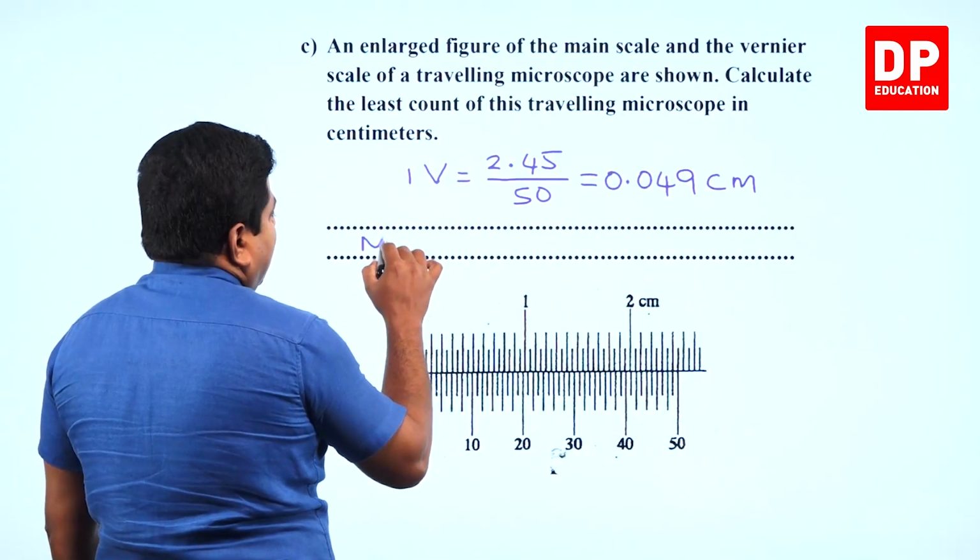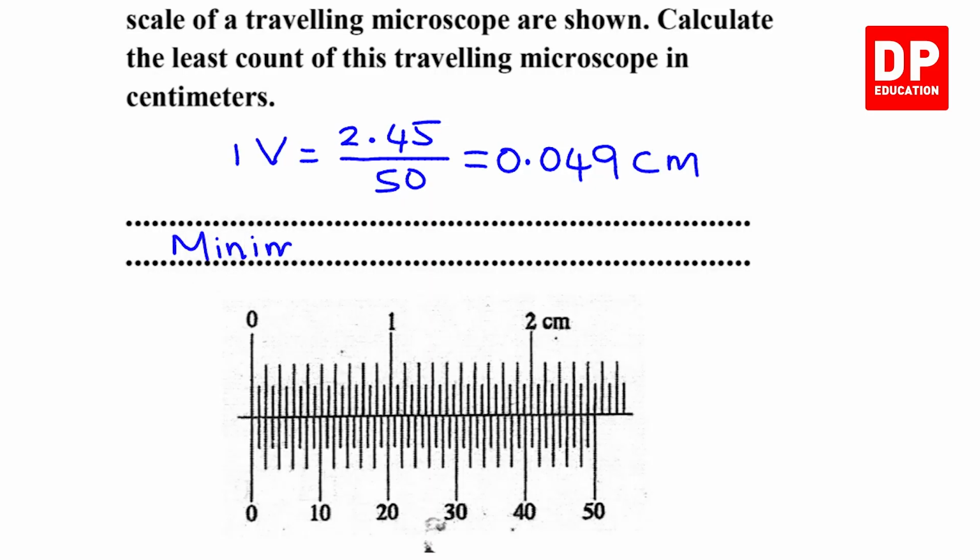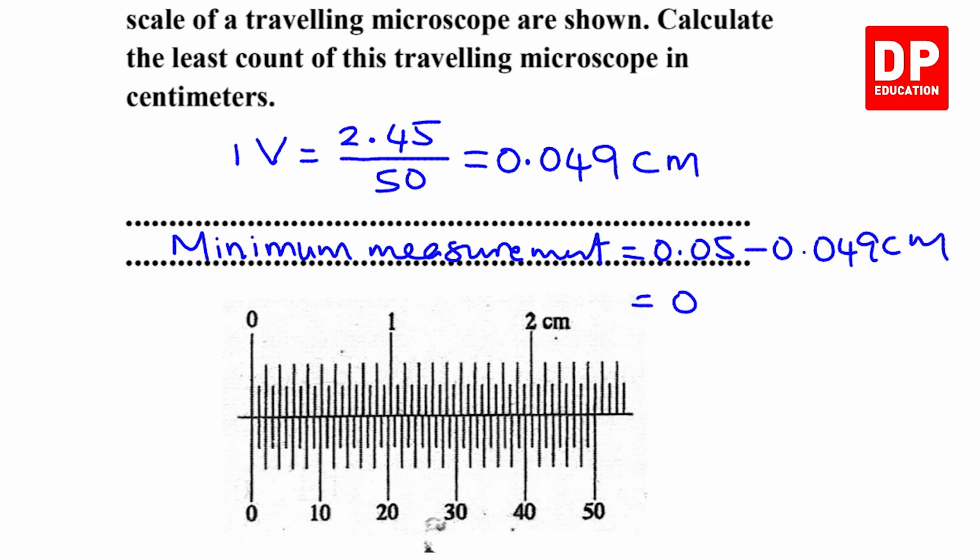So minimum measurement is 0.05 minus 0.049 centimeter, which is 0.001 centimeter. So the minimum reading you can get here is 0.001 centimeter. They asked us to give it in centimeters itself, right? In centimeters.